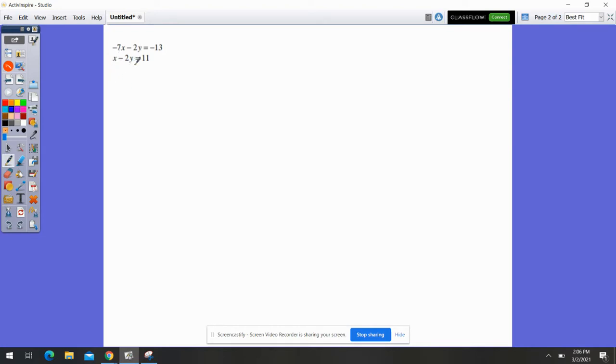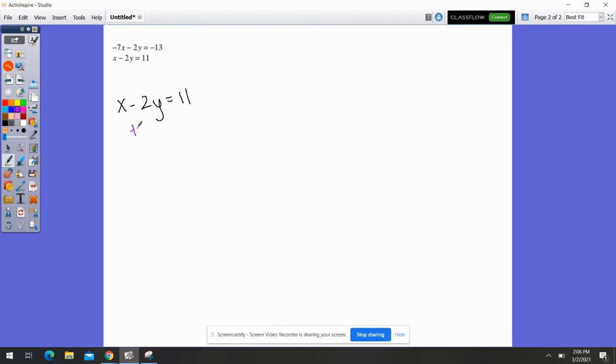Now, if I look at the second equation, x minus 2y equals 11, there's a way for me to get this x by itself. I can easily add 2y to both sides so that x is alone.